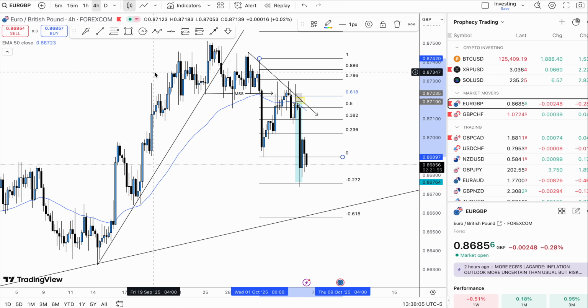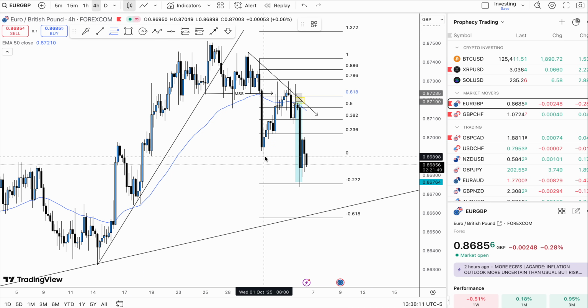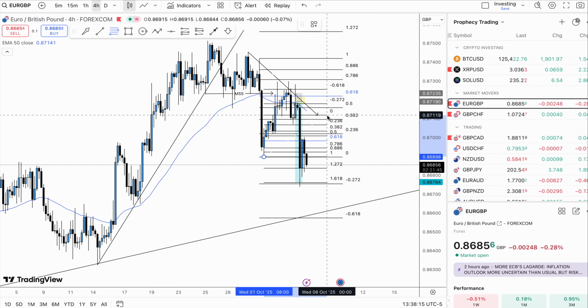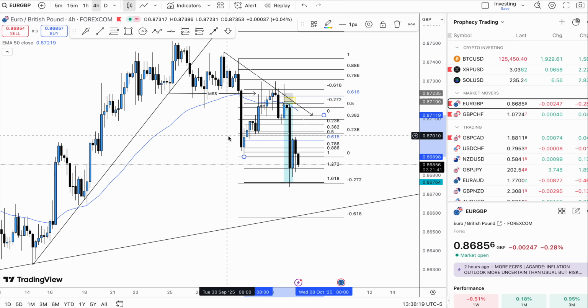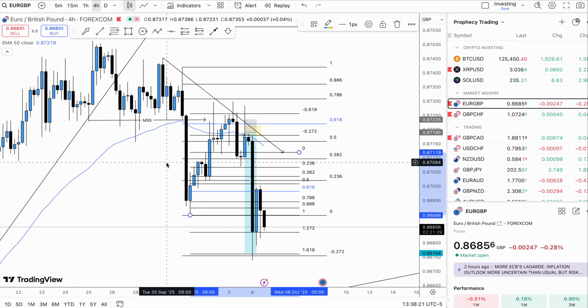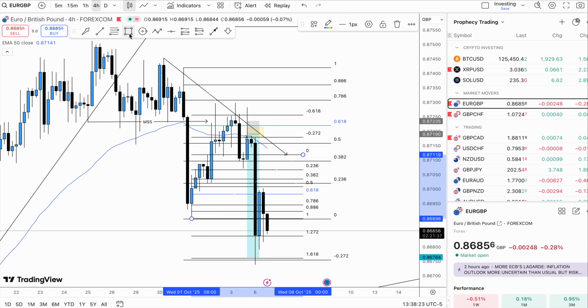Also, can't forget, we have to do the fib trick for confirmation to identify where price is and whether the move has been completed within the move. We pulled our fibs from here to here, and it's getting a little messy, but I promise we're going to clean this up.